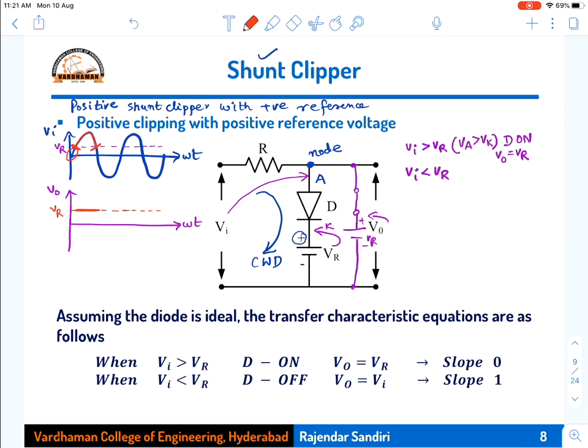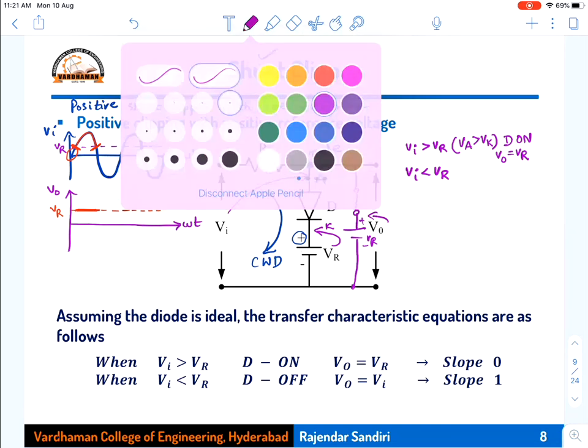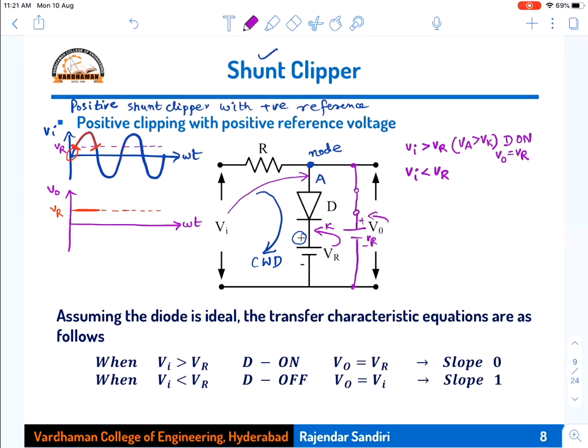Now for Vi less than VR, what happens? VA is less than VK, the diode is off. If the diode is off, output voltage is the same as input voltage. So I can plot the graph such that below VR the output is the same as input.